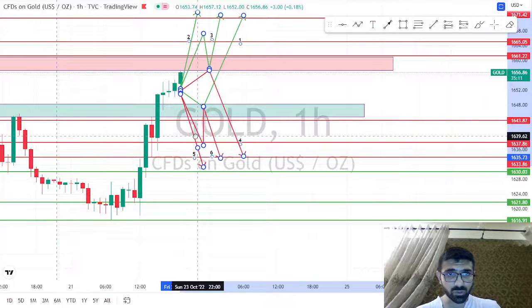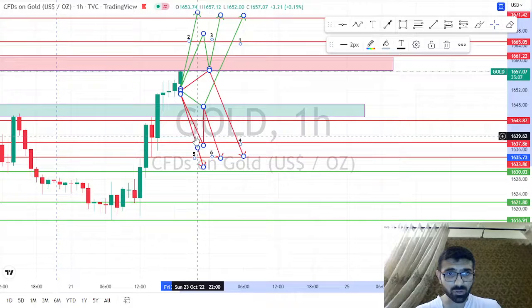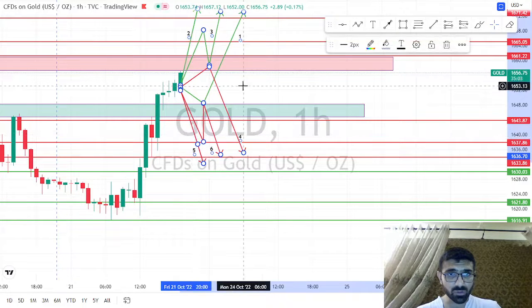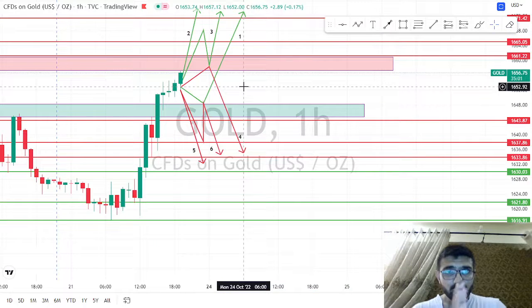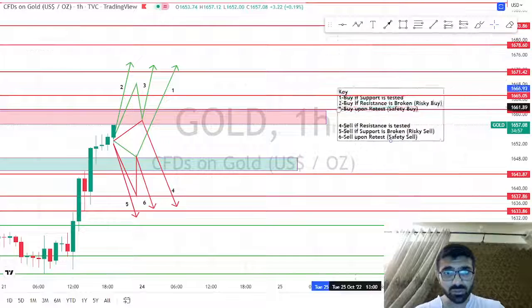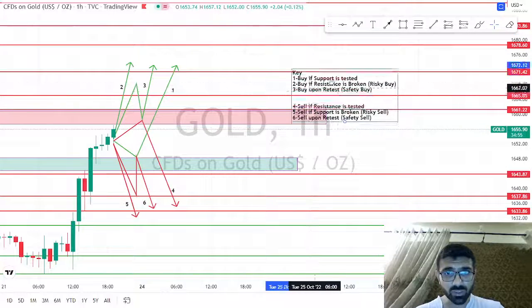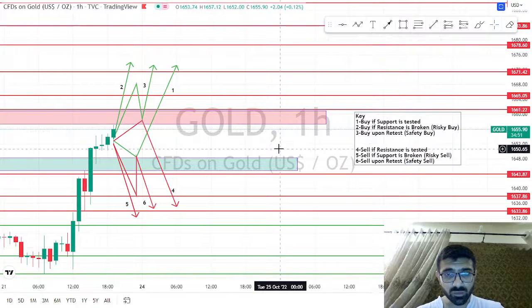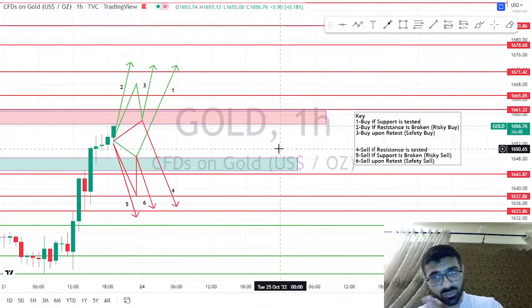Okay, so this will be the scenario. I hope that you guys can follow the scenario clearly, as this key is going to remain the same. So just follow this given key, and I hope that you guys are going to profit from this.